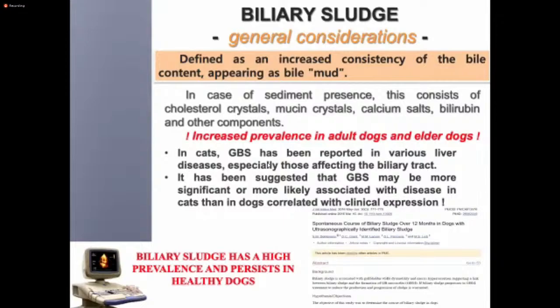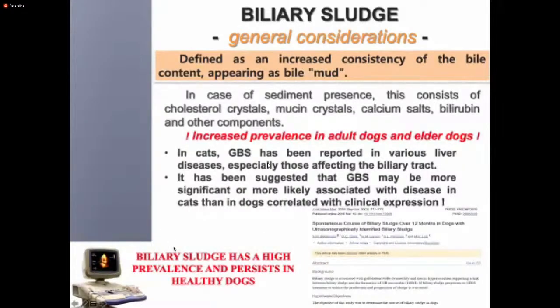It has been suggested that the gallbladder or the biliary sludge may be more significant or more likely associated with disease in cats compared to dogs, correlated with clinical expression. All the studies or papers on this idea can sustain my hypothesis.